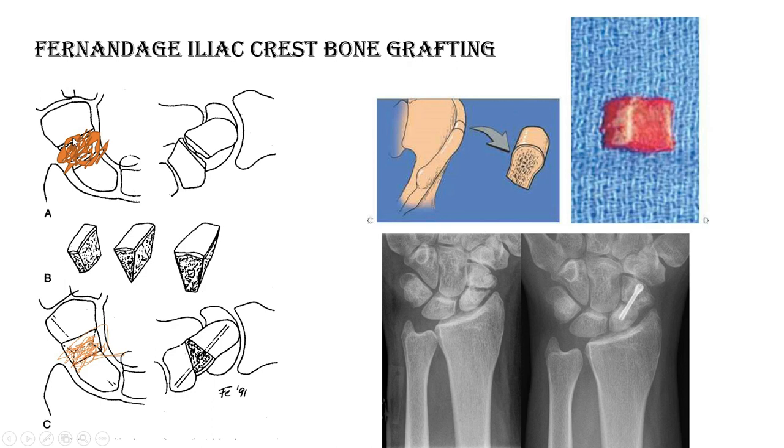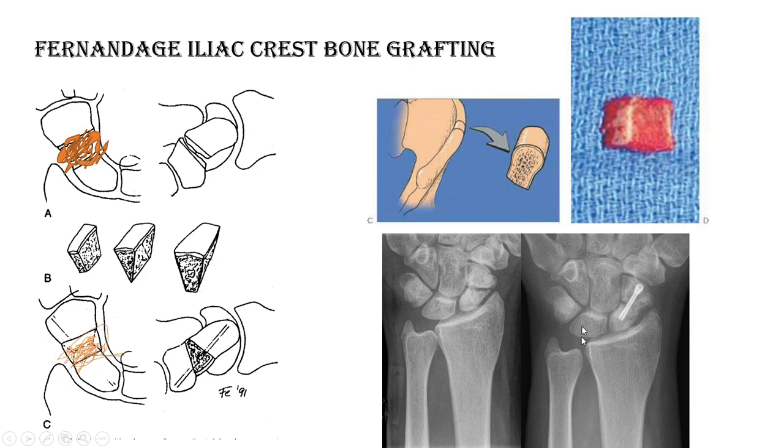So we have to do an open reduction. You have to do the osteotomy or removal of the sclerosed margin. Then we have to put the graft back over this gap, and we can hold it with only a K-wire, or we can put one hardware screw also.